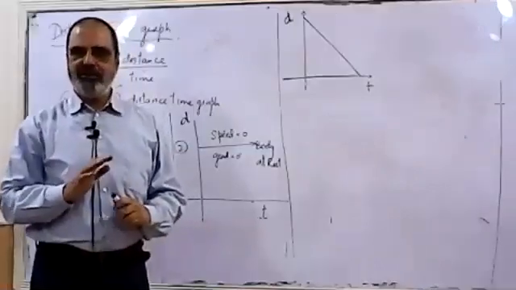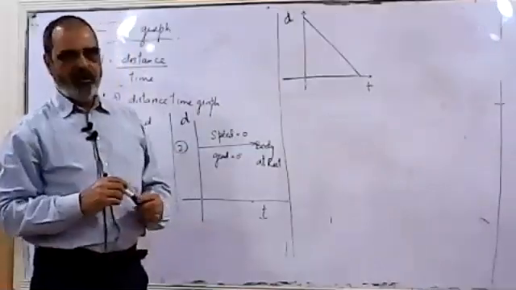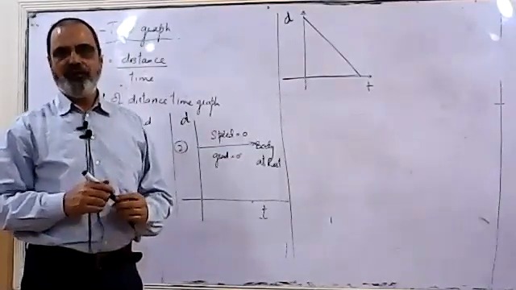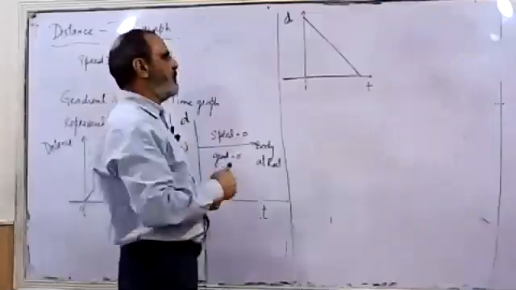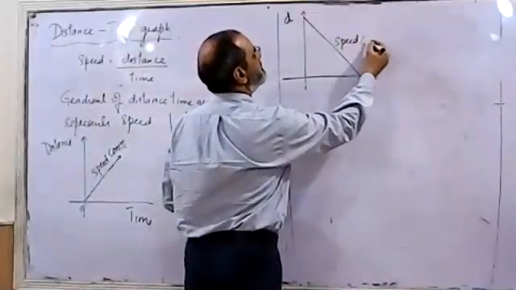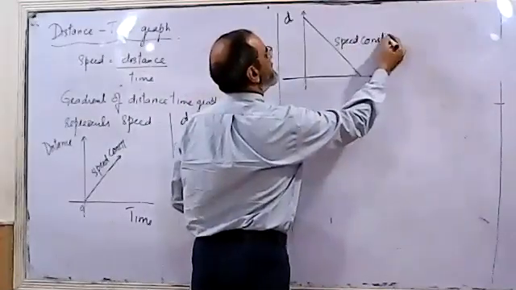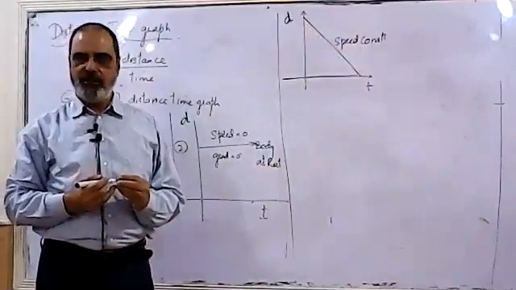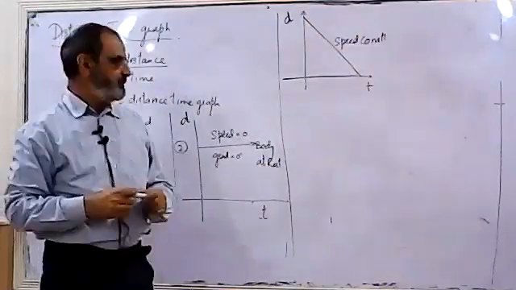Speed remains the same. It doesn't have a direction, so we don't have to consider negative speed. It is only called a constant speed, constant because it is a straight line. Speed is always positive.